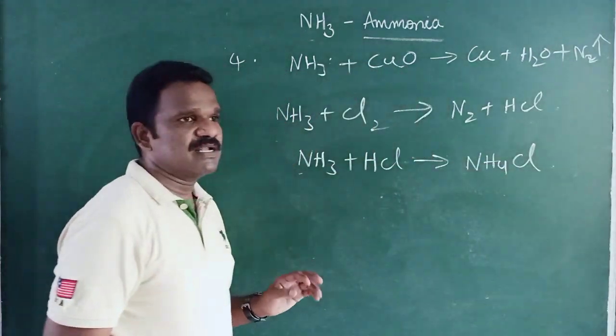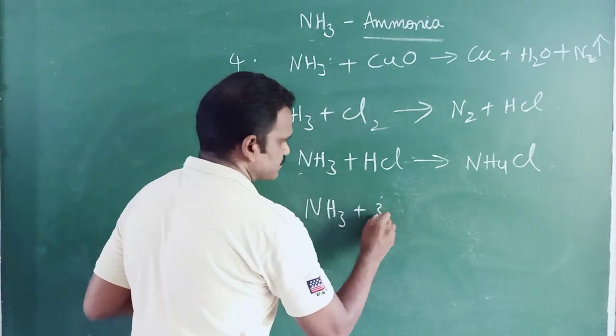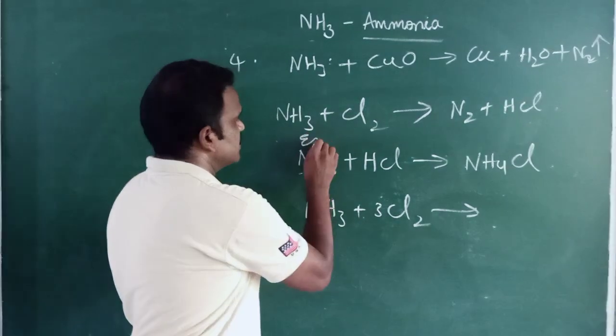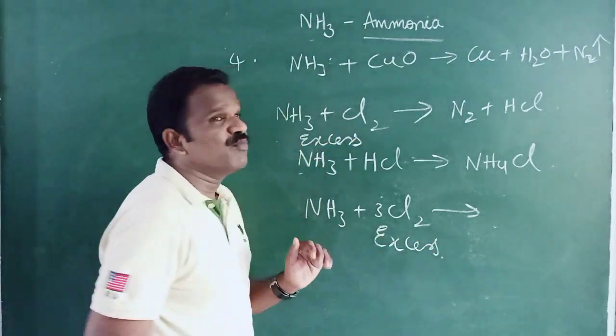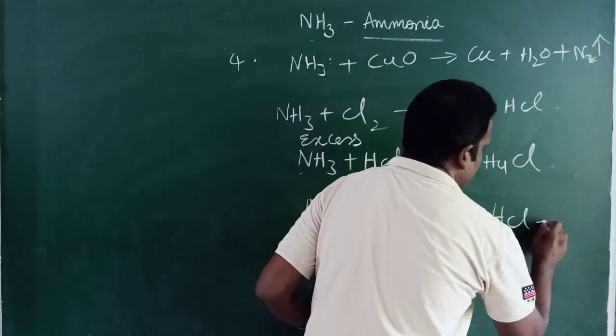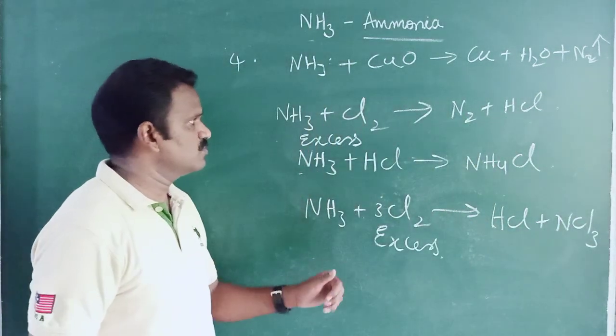Okay. Now similarly, if you take ammonia with excess of chlorine, here chlorine is in excess, we will get HCl and NCl3. Balancing I am not doing, children, just go through the equation.